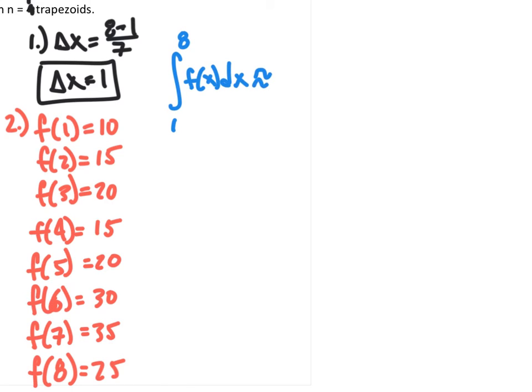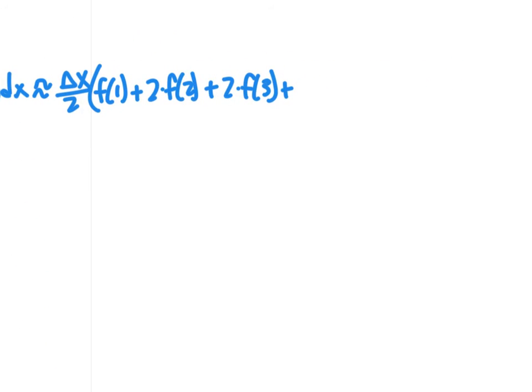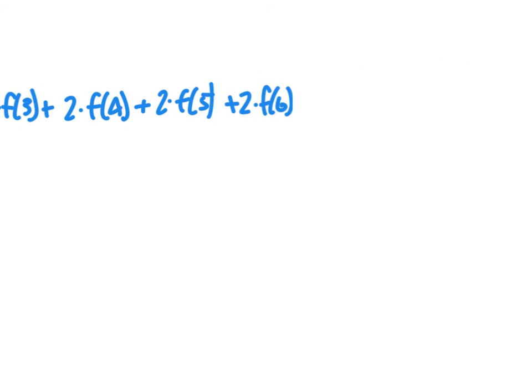That's going to be approximately delta x over 2 times f of 1 plus 2 times f of 2 plus 2 times f of 3 plus 2 times f of 4 plus 2 times f of 5 plus 2 times f of 6, 2 times f of 7, and then just a single plus f of 8.